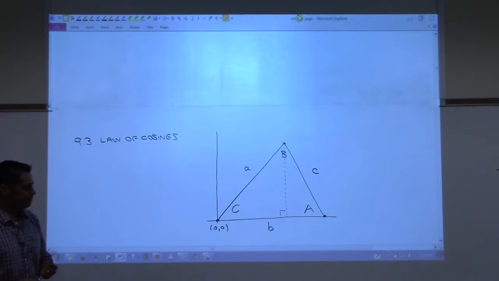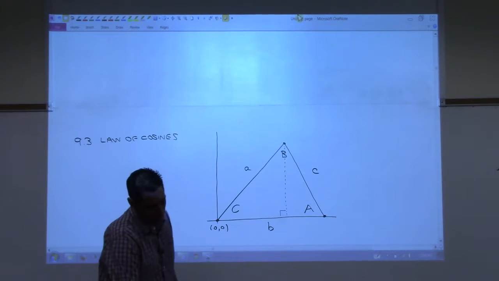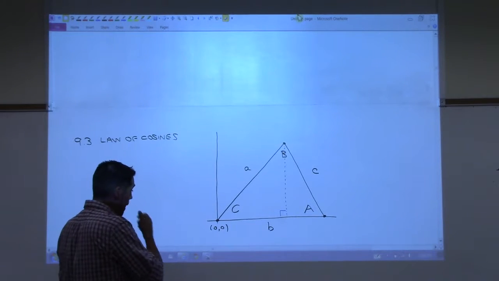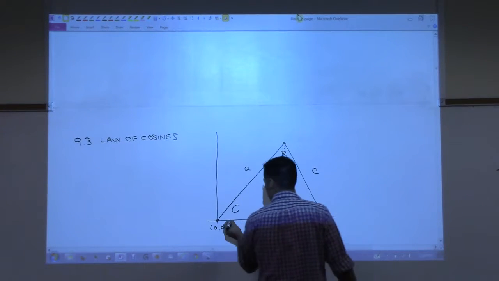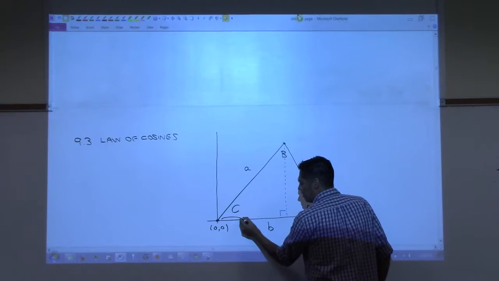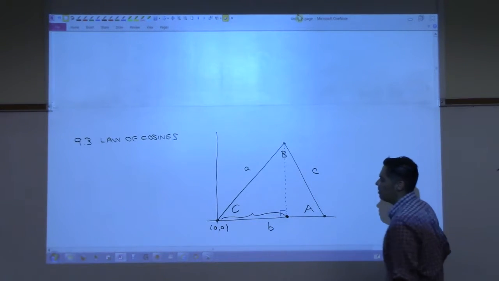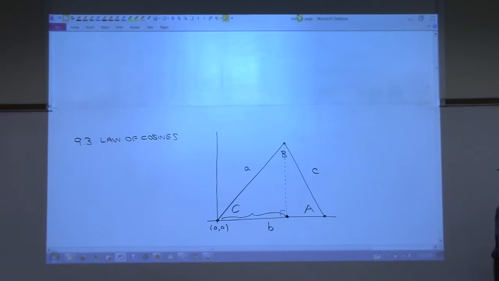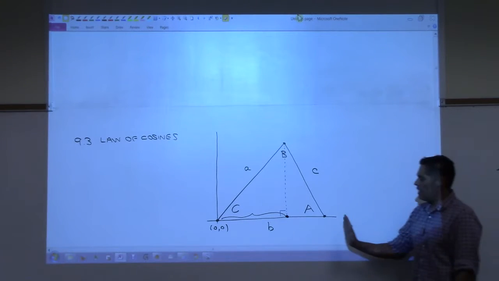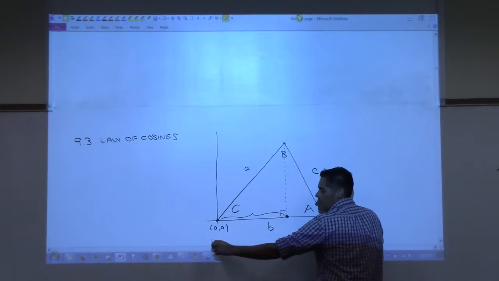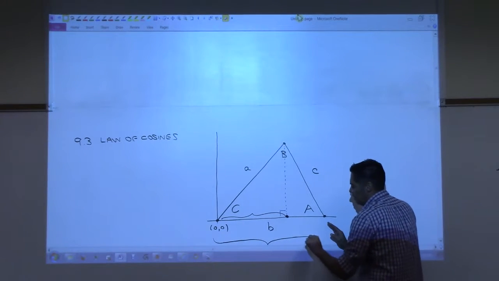Now, I would like to know how long is this side right here, from here to that point right there? How long is that side? Well, what's the length from here all the way to here? This is B, right? This is B.